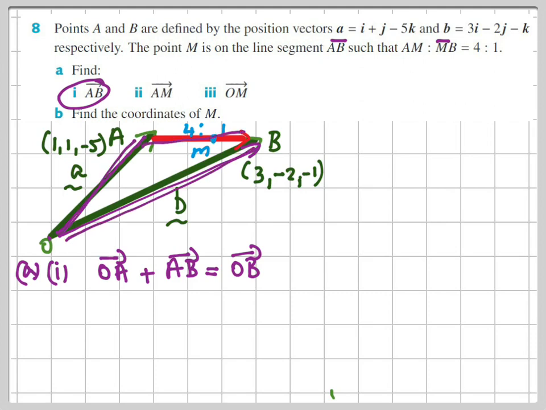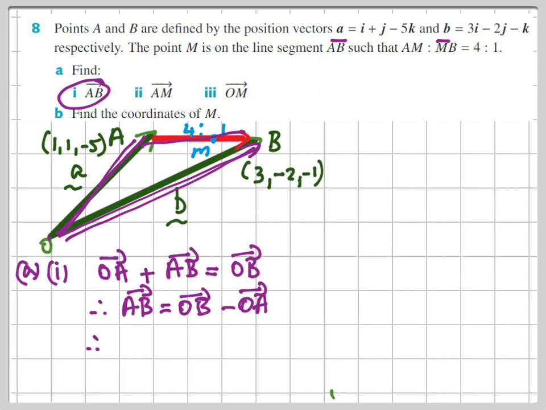So simply make AB the subject of my equation. AB equals OB minus OA. And what have we got now? Well, all I've got to do is substitute in the vectors in component form, and away we go.